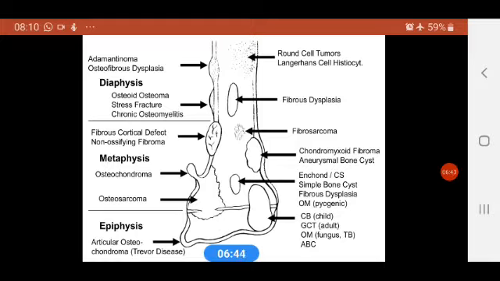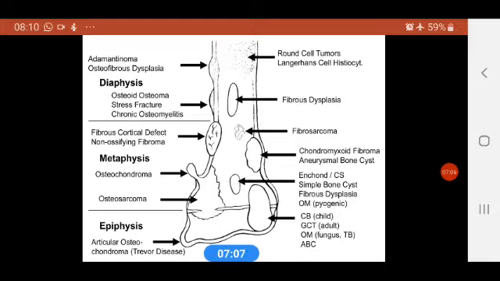Next, the ones arising from the metaphysis are osteochondroma, osteosarcoma, and chondromyxoid fibroma. I'll repeat again: the metaphyseal ones are osteochondroma, osteosarcoma, chondromyxoid fibroma.